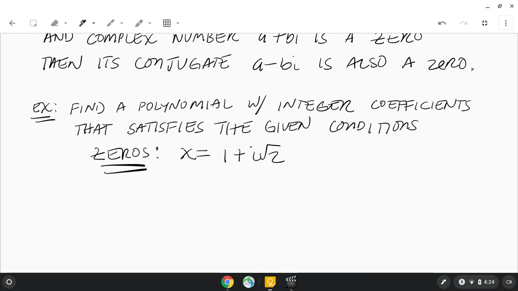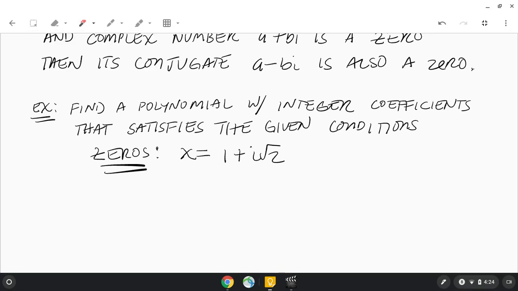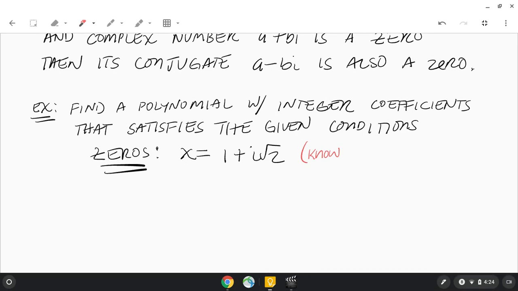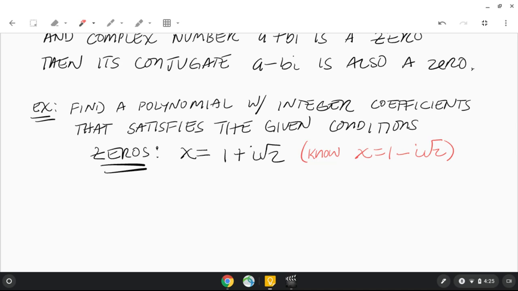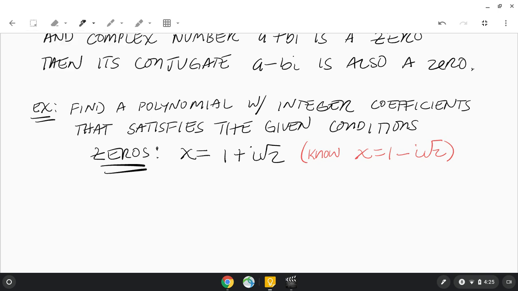If this is all the information they give you, then because that's a complex 0, we know that x equals 1 minus i square root 2 is also a 0. So you need to include it on your list when they're giving you a list of zeros. If they only give you one of the complex zeros, make sure you have its conjugate listed.